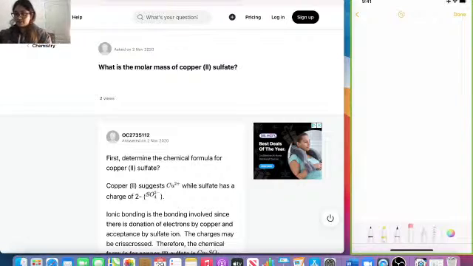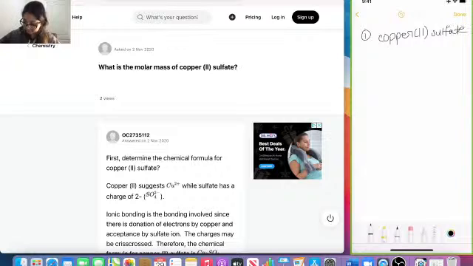Okay, so our first question says, what is the molar mass of copper II sulfate? Let's first write out the chemical formula for copper II sulfate.